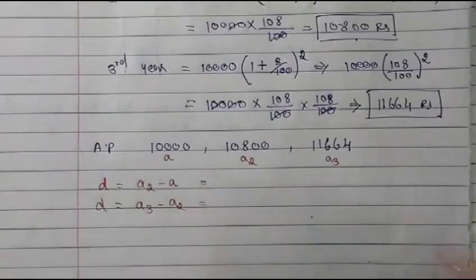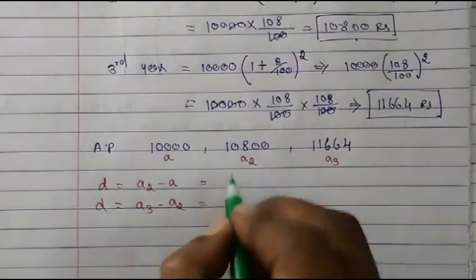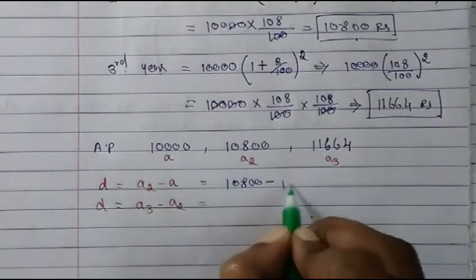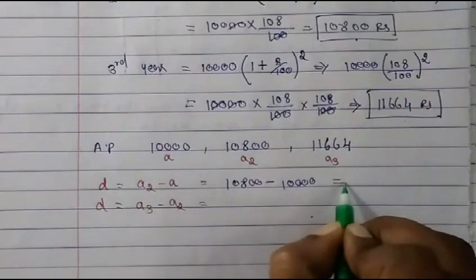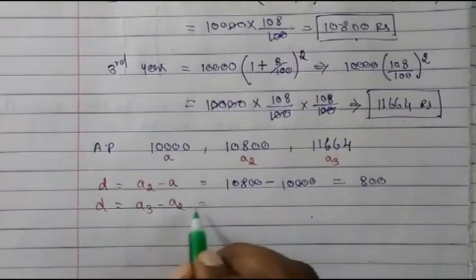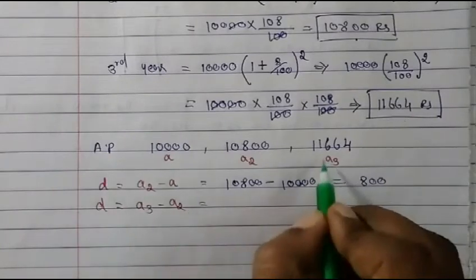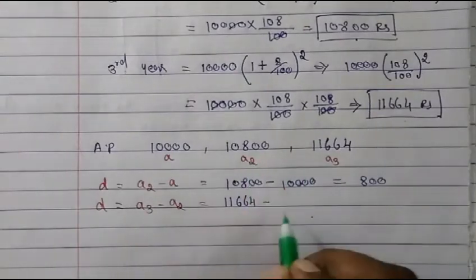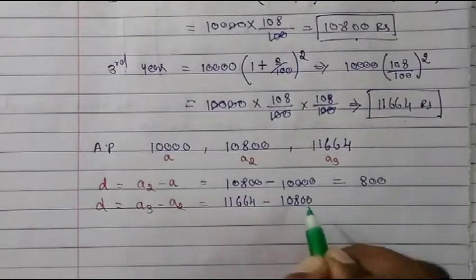So let's do it. A2 is 10,800 minus A, which is 10,000. So we will get 800. Now A3 minus A2: A3 is 11,664 minus A2, which is 10,800.